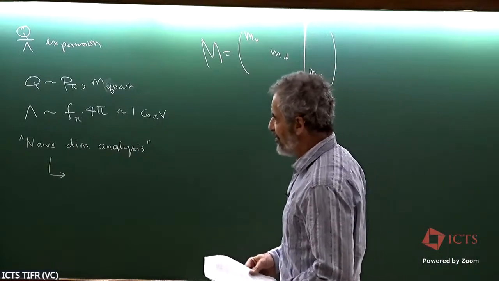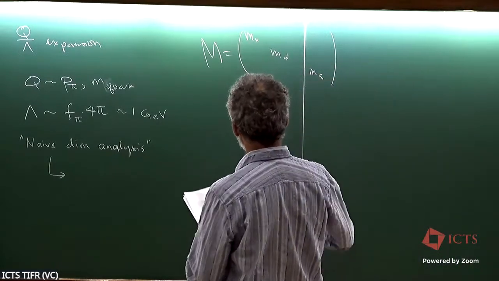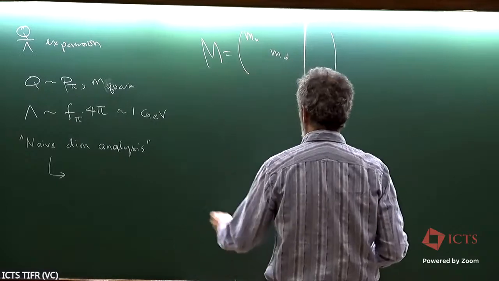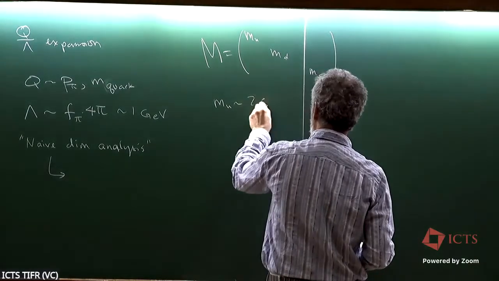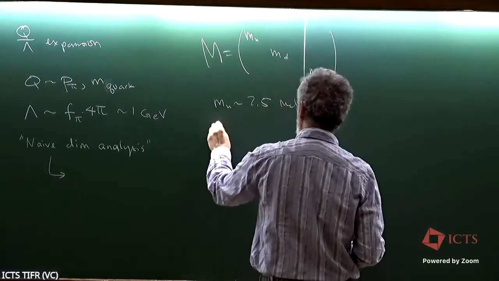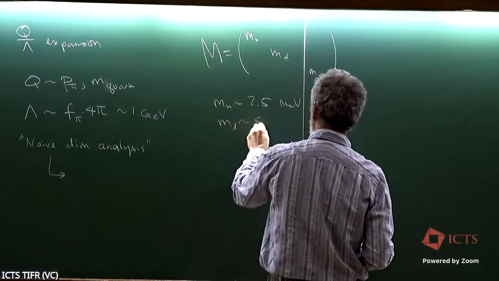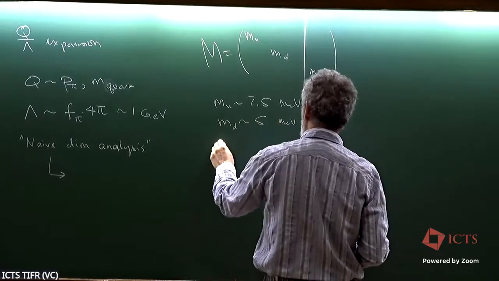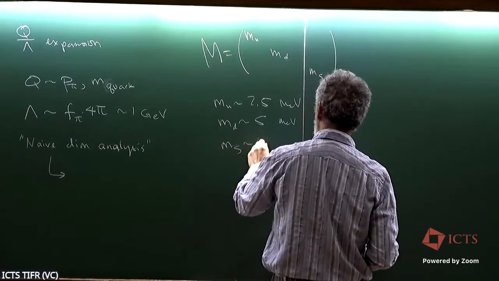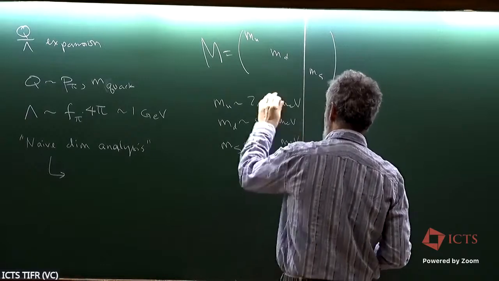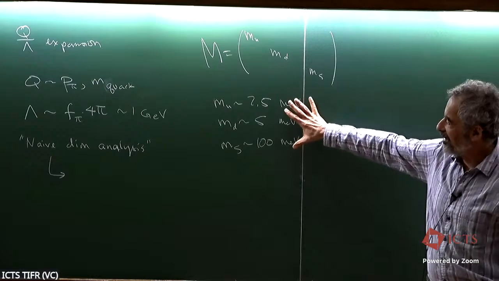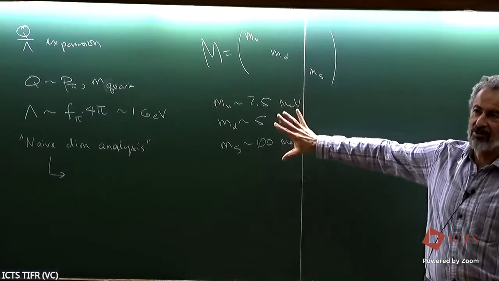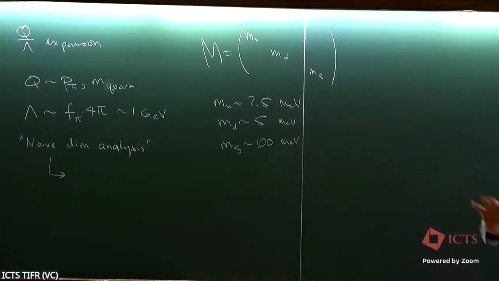And as I said, we have M up on the order of 2.5 MeV, M down is about 5 MeV, and M strange is about 100 MeV. But you don't actually need to know these numbers. It helps, of course, if you want to predict things, but these numbers are not something you can predict from the chiral Lagrangian, okay?